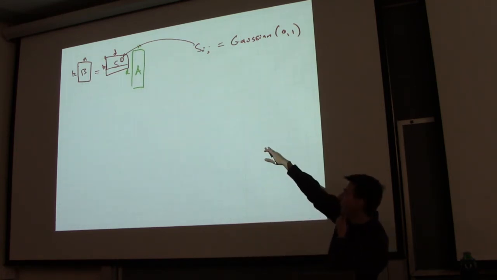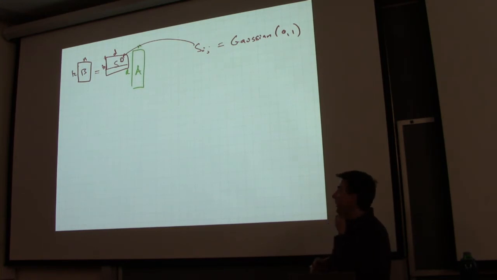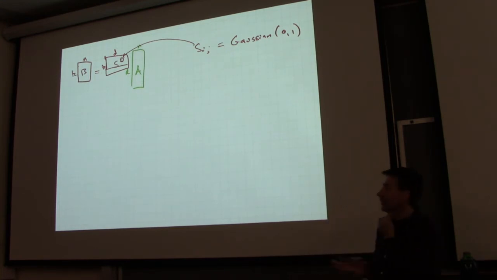I can just fill up this matrix S with these Gaussian random variables, and this does the dimensional reduction in this linear algebraic way.